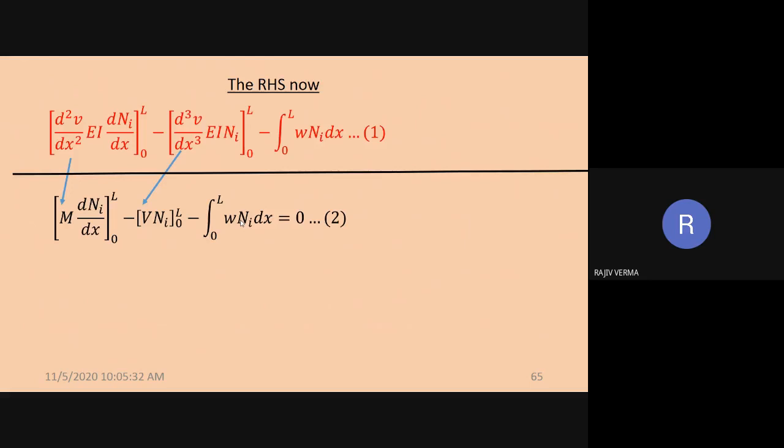So I am replacing the second differential and the third differential existing in equation number 1 by moments and shear forces in equation number 2.